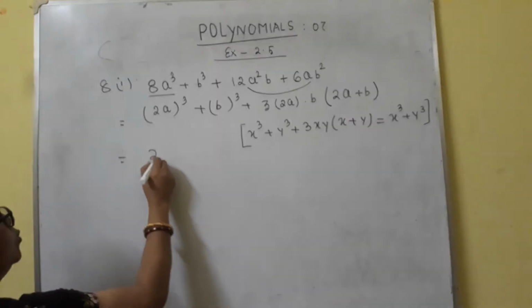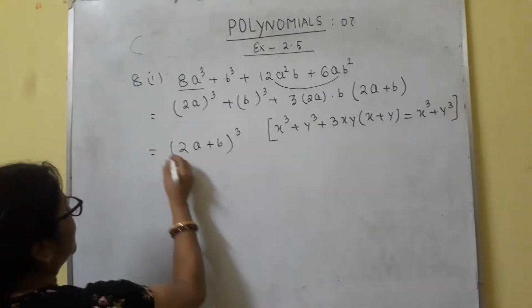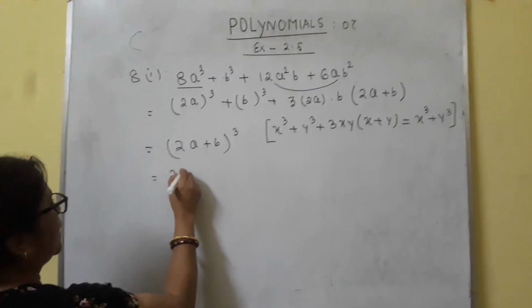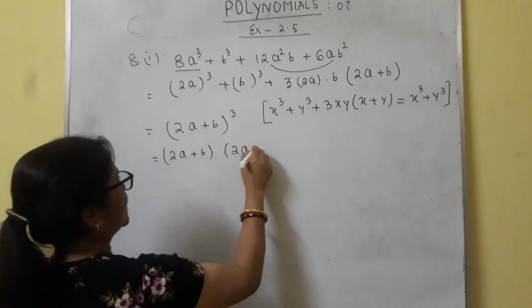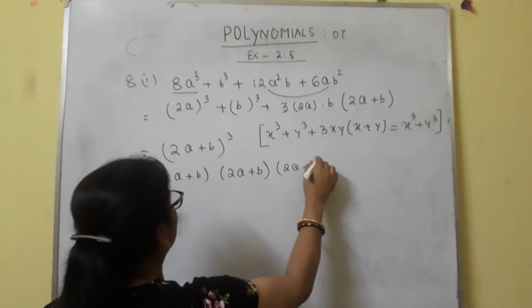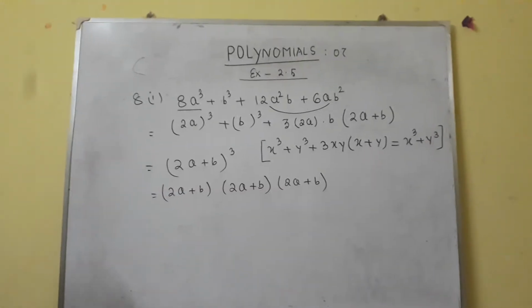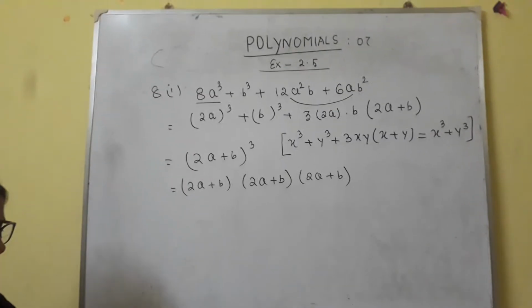So we are getting 2a plus b whole cube. This we can write as 2a plus b, 2a plus b and 2a plus b. If it is given in fraction form, then also you will do it in the same manner.